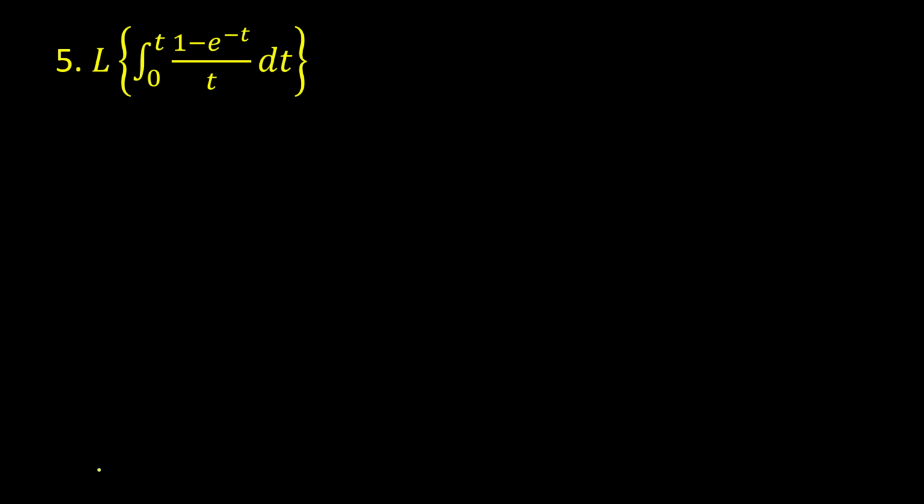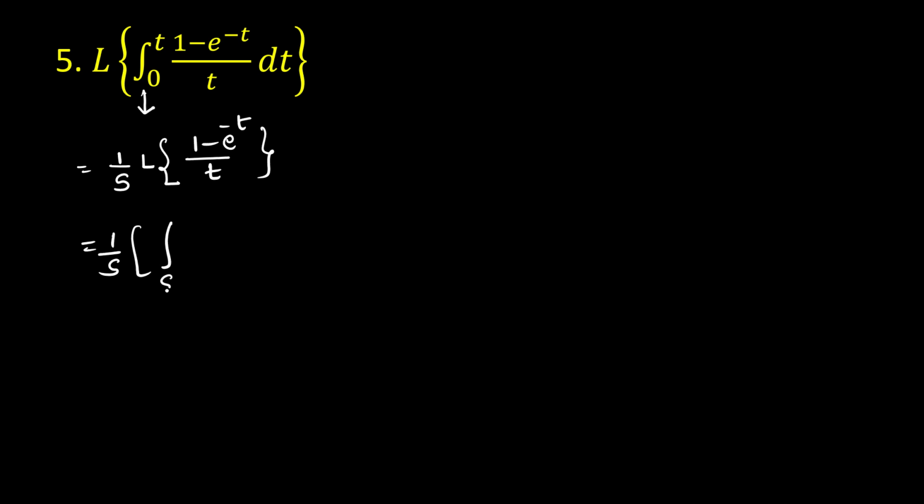Next, go to the next problem. See here, integral 0 to t means what? Laplace transform of integrals, right? In lesson number 3 we discussed that to remove this integral 0 to t, we get 1 by s of the remaining function, 1 minus e to the power of minus t by t. Now 1 by s is as it is; to remove the denominator t, apply division by t: integral s to infinity of the Laplace transform of the numerator 1 minus e power minus t, ds.